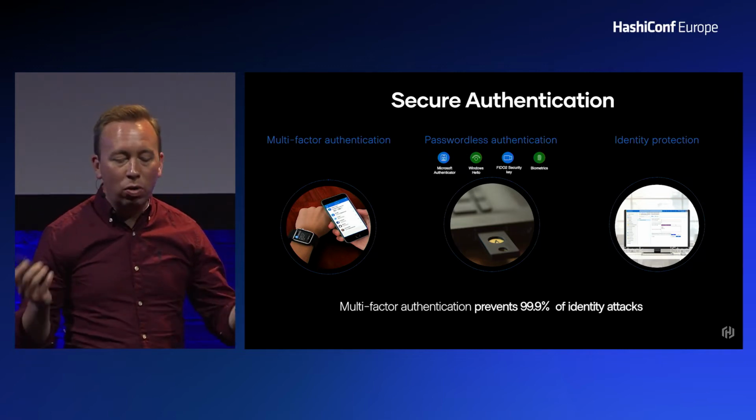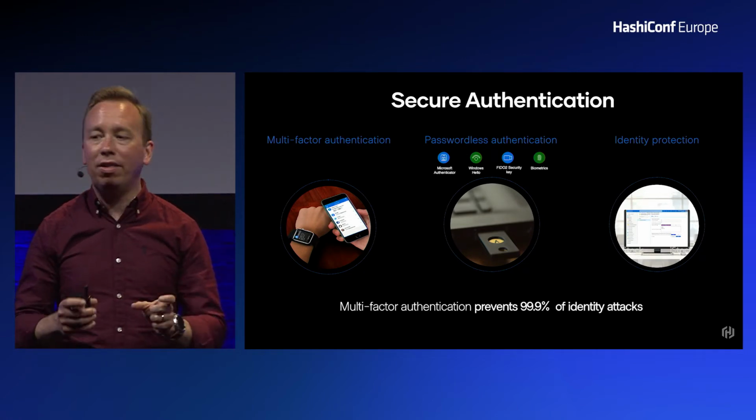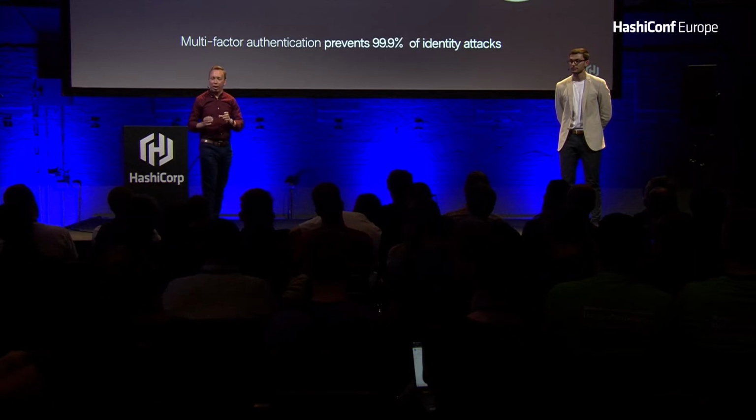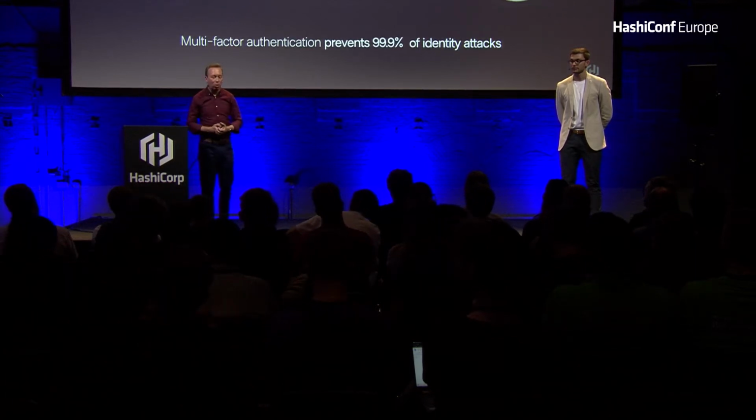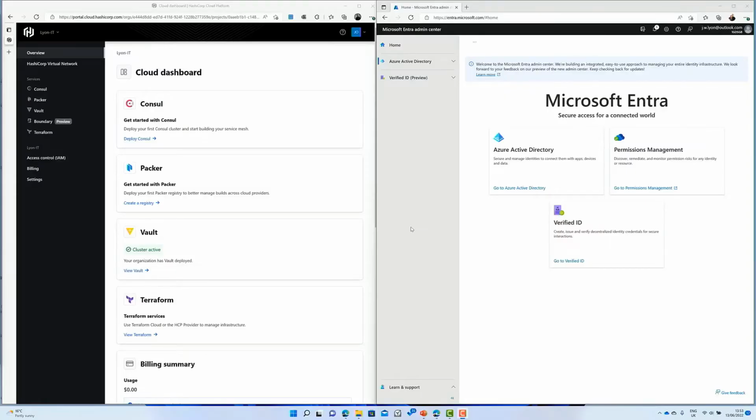And we all know that implementing MFA is crucial because it's the biggest single thing you can do to have an impact and reduce the risk of identities being compromised. So let's crack on with the first demo.